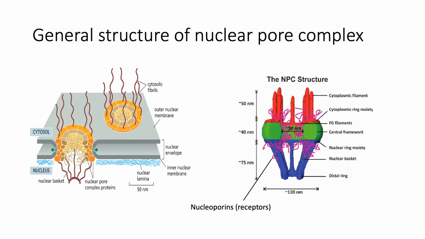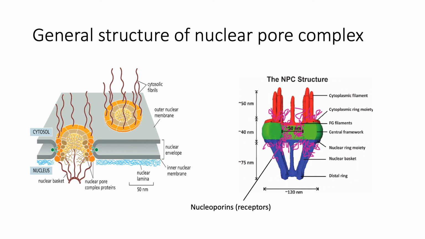It passes through both the inner and outer membrane, and it's held by a protein complex in the space between the two membranes, the little green part. And then on the nuclear side, which passes through the nuclear lamina as well, there are a bunch of nuclear pore complex proteins that form something that looks like a basket.